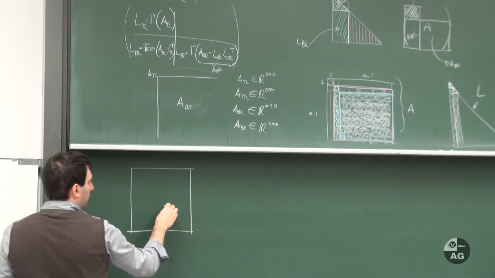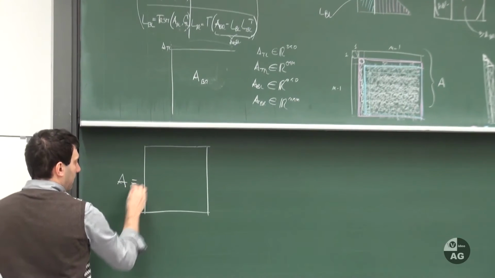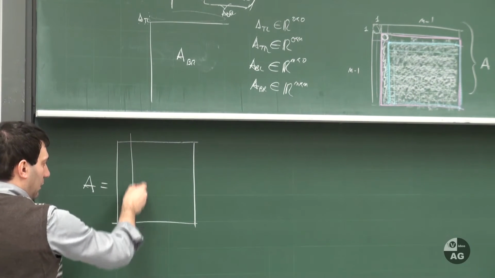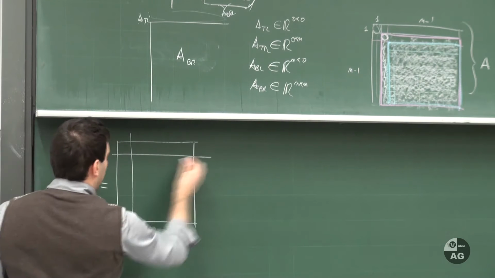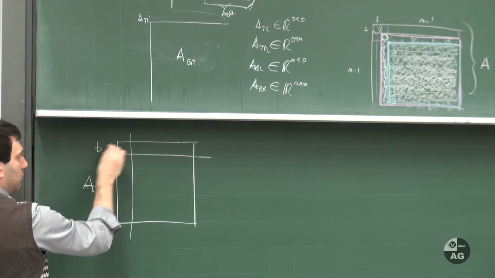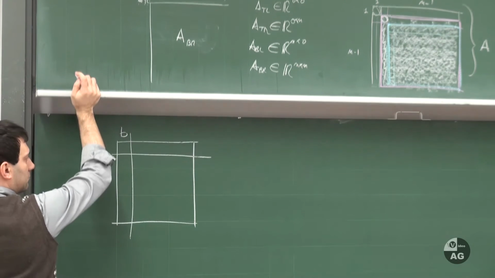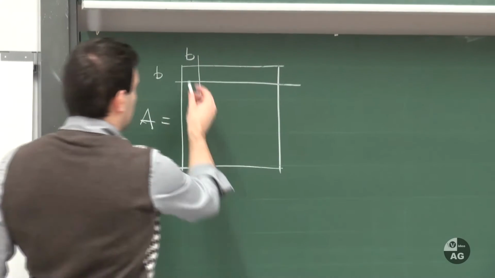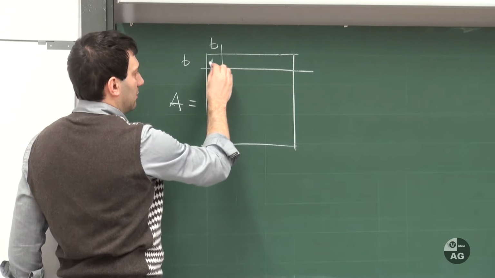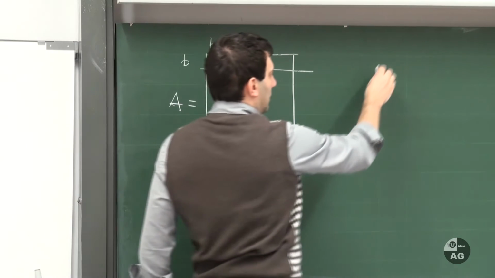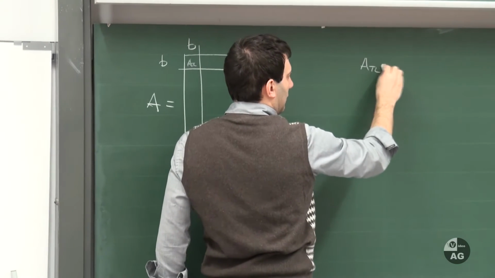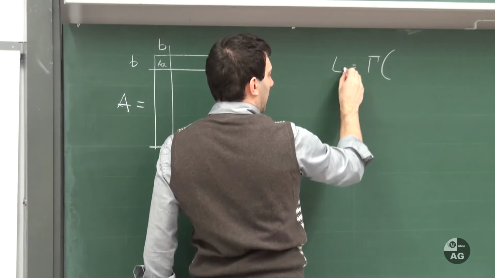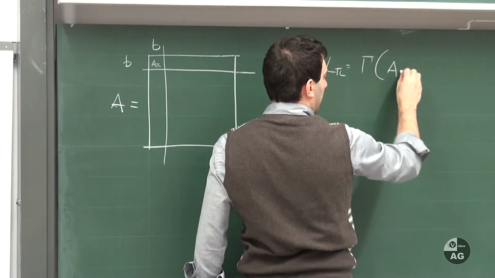So we start from our matrix A. And instead of slicing just one column and one row, we go like this, where this object on the diagonal is B by B. And now we know this matrix is still called A top left. We know that L top left is a Cholesky of A top left.